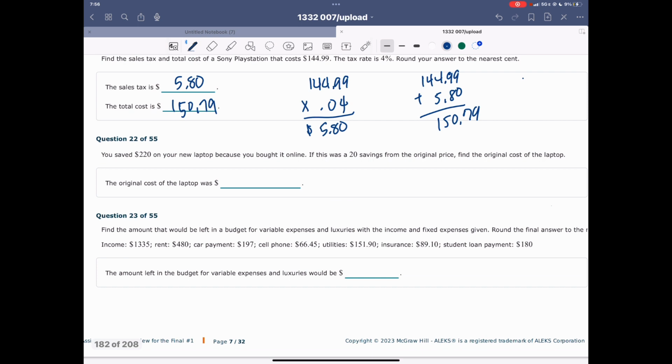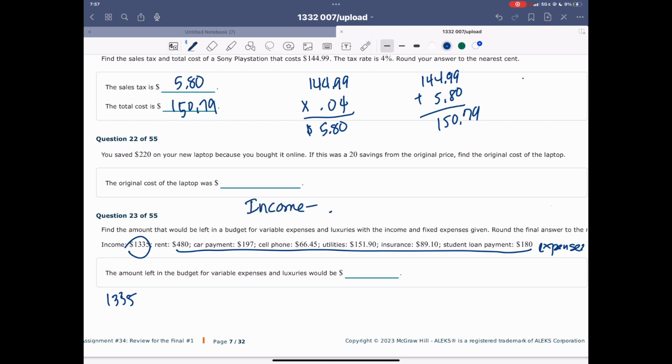It says find the amount that would be left in the budget of variable expenses and luxuries of the home and fixed expenses given. Round the final answer to the nearest cent. Okay, so you have the income. So it's 1335, and then these are your expenses right here. So it's going to be income minus expenses.